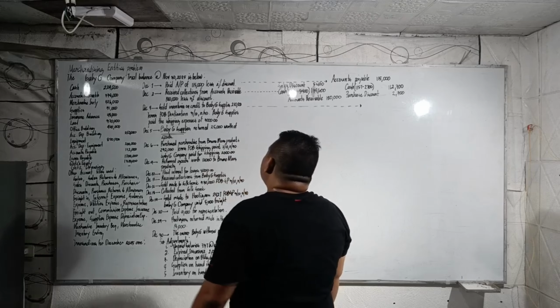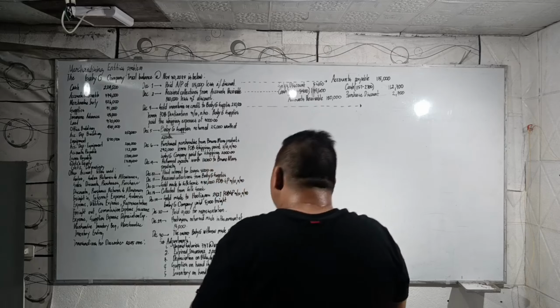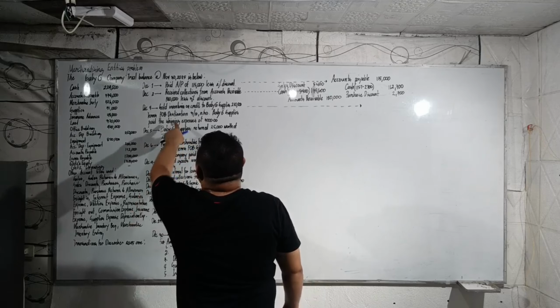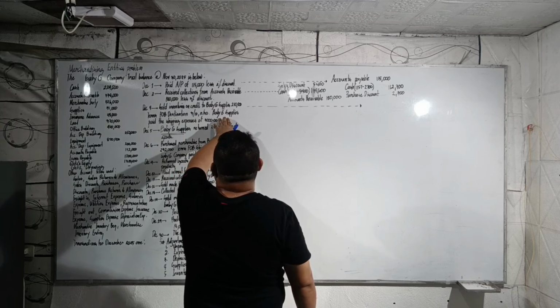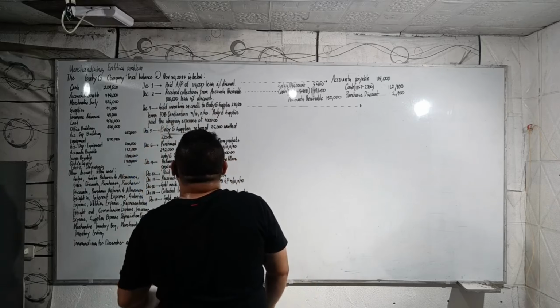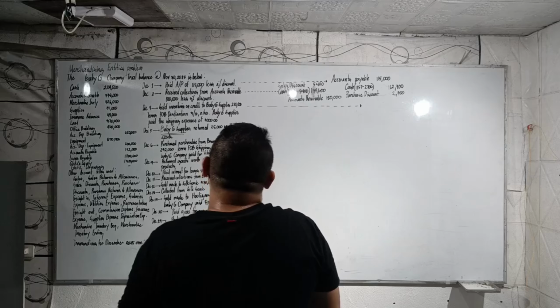Okay? So in short, that is freight collect. Which means, since our point of view here is that we are the seller, we should be the ones who will pay the 3,000. But since this is freight collect, the customer paid for our responsibility. So that's very important. There are actually two transactions here.